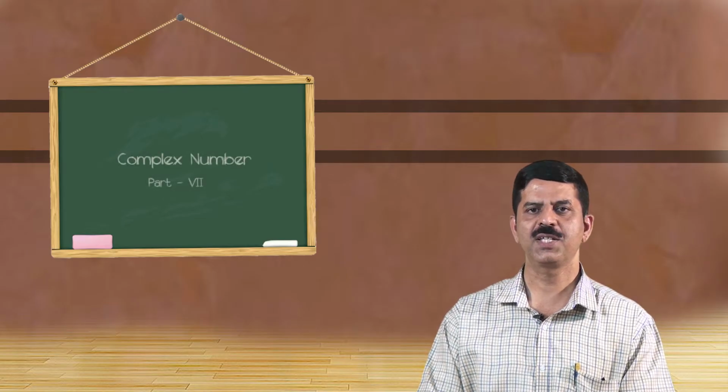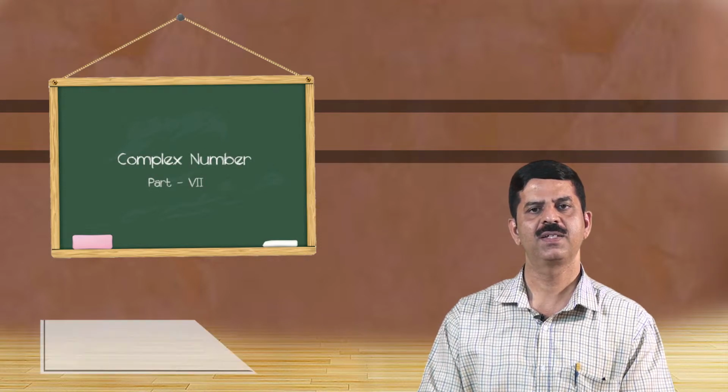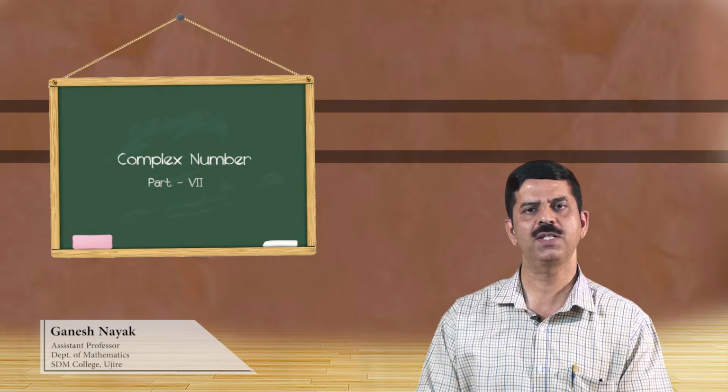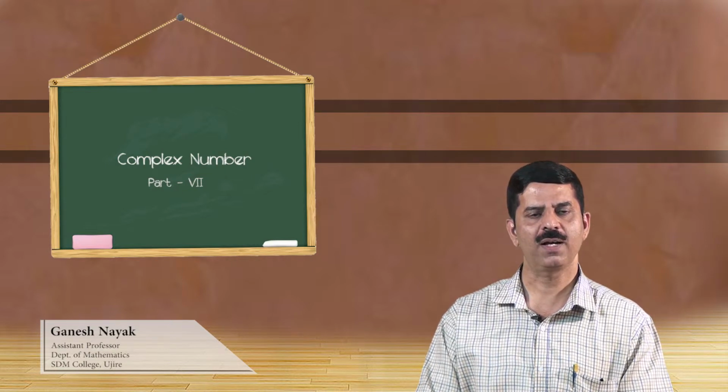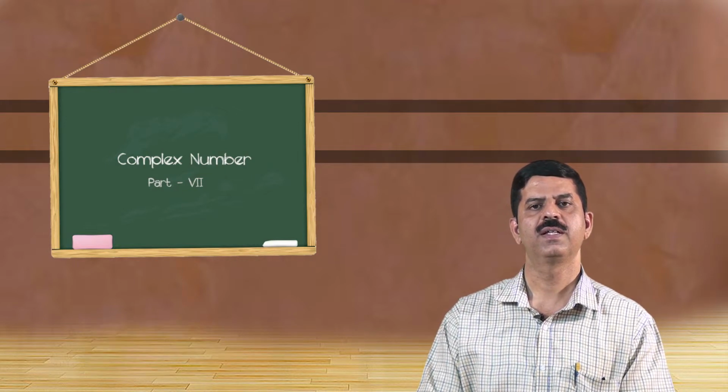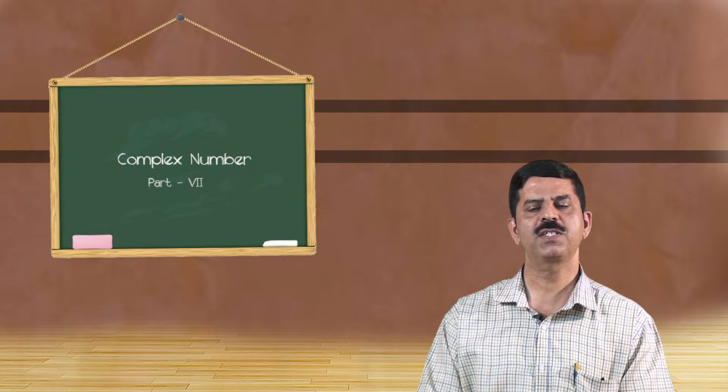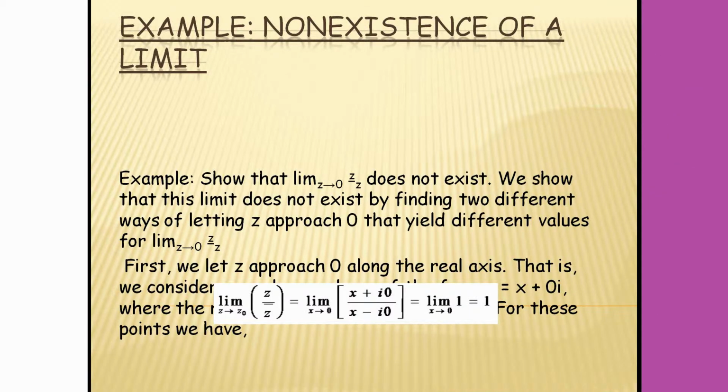Friends, as I have explained in the last class, the limit of the function f of z, which is z by z bar, we will discuss in two manners. Case 1: we are approaching the limit z tends to 0 through the real axis.